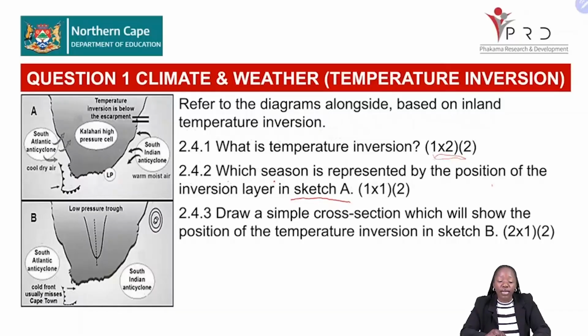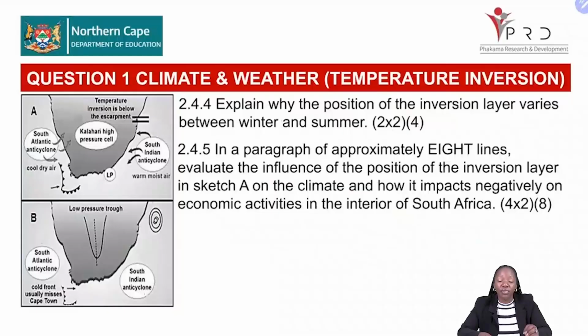You are looking at the position of the inversion layer in sketch A, and you are given 1 times 1. Then your 2.4.3, draw a simple cross section which will show the position of the temperature inversion in sketch B. 2 times 1, which means you need to do 2 things that will give you 1 mark each.